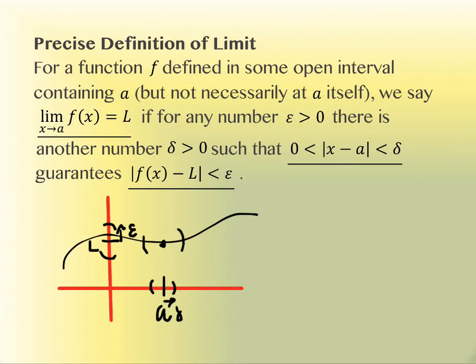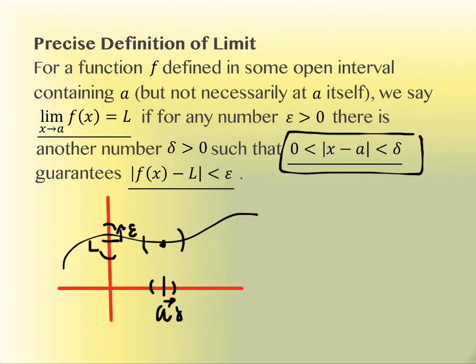This is exactly what I did in the picture, right? I can pick anything far apart or close enough around the value L, and it will correspond to a little bitty interval around the value a, so that when we are within delta of the value a, we're going to for sure be within epsilon of the value L.